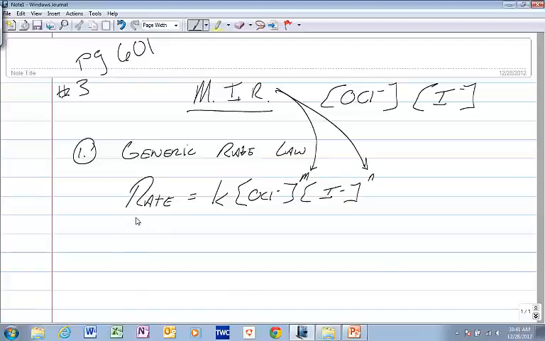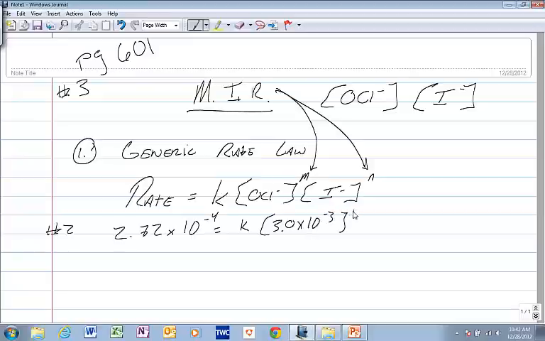I'm going to take the rate of trial number 2, which is 2.72 times 10 to the negative 4th, equals K times the concentration of the hypochlorite ion raised to the M times the concentration of the iodide ion raised to the N. Now I'm also going to copy down here trial number 1, and we're going to put the rate down here, 1.36 times 10 to the negative 4th.